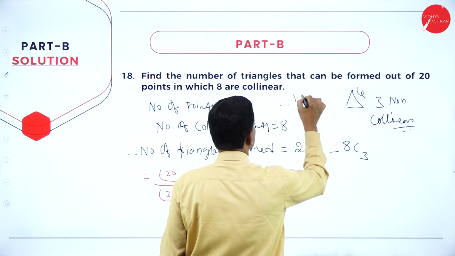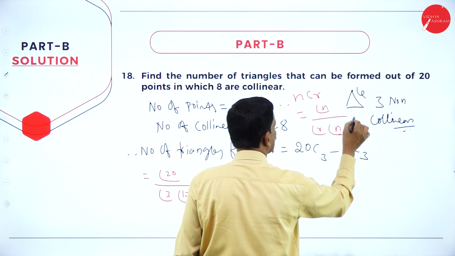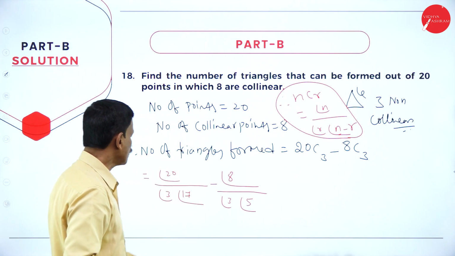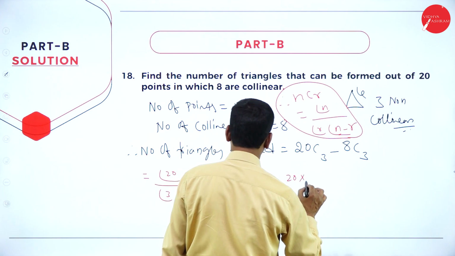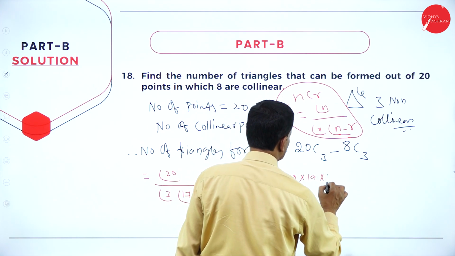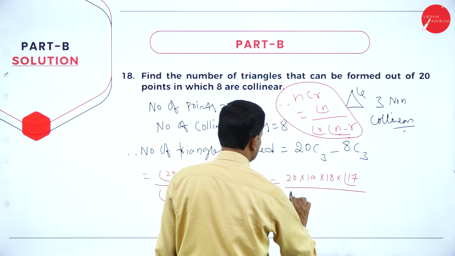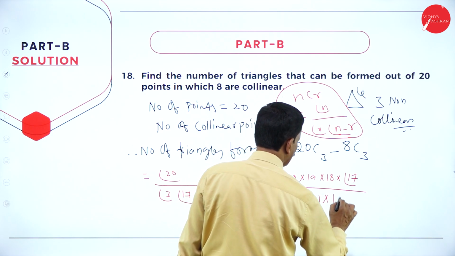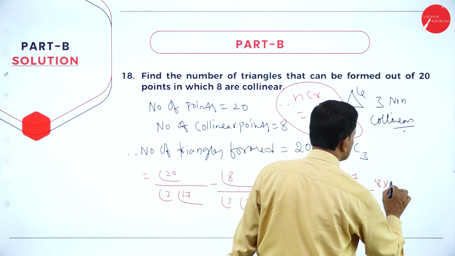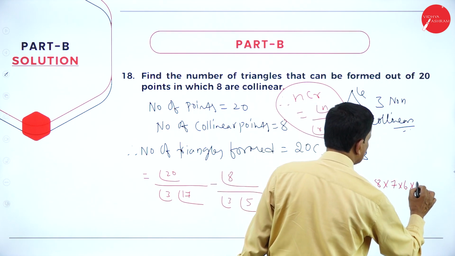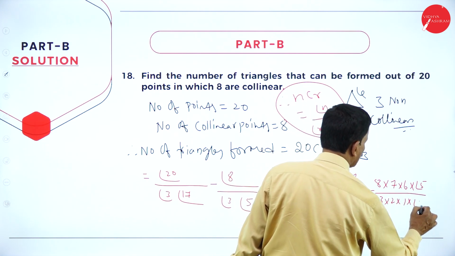Since you know the formula for nCr is n factorial divided by r factorial into n minus r factorial, using this, simplify. 20 factorial means 20 into 19 into 18 into 17 factorial, divided by 3 into 2 into 1 into 17 factorial, minus 8 into 7 into 6 into 5 factorial divided by 3 into 2 into 1 into 5 factorial.